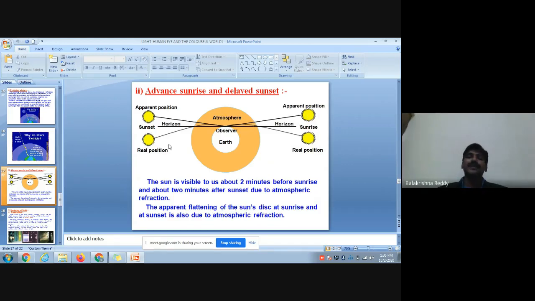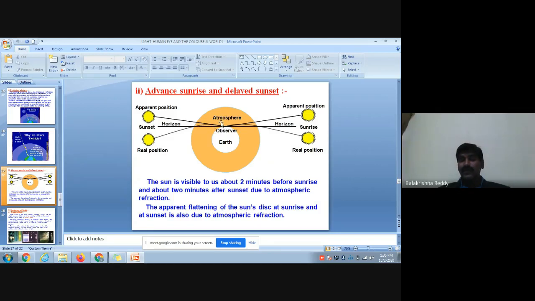The same thing happens while the sun is setting. The sunset happens at 6 o'clock, but still the sun appears in the sky because the light ray which is coming from the sun has bent. Whenever it crosses a relatively denser medium, it will bend.